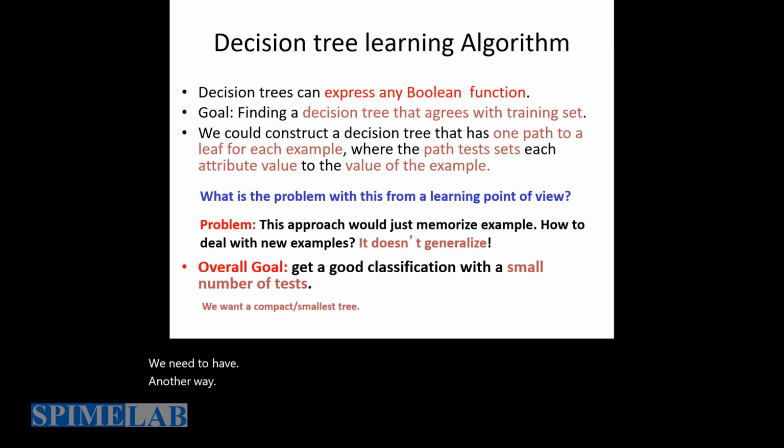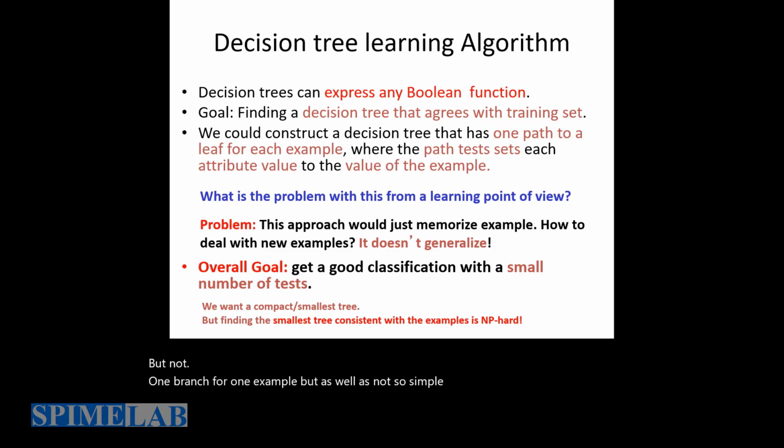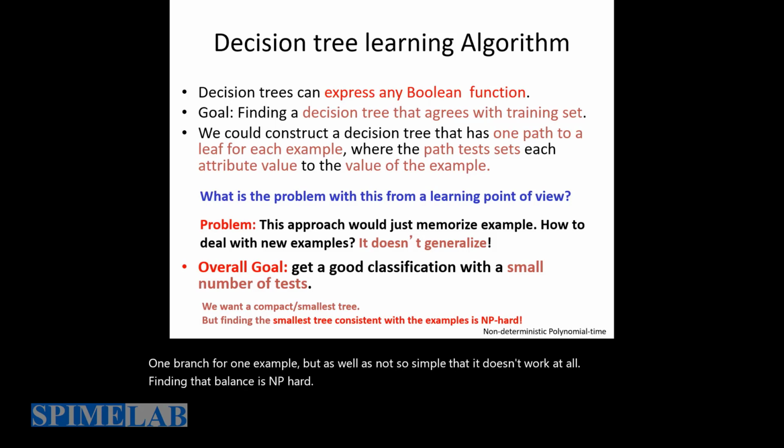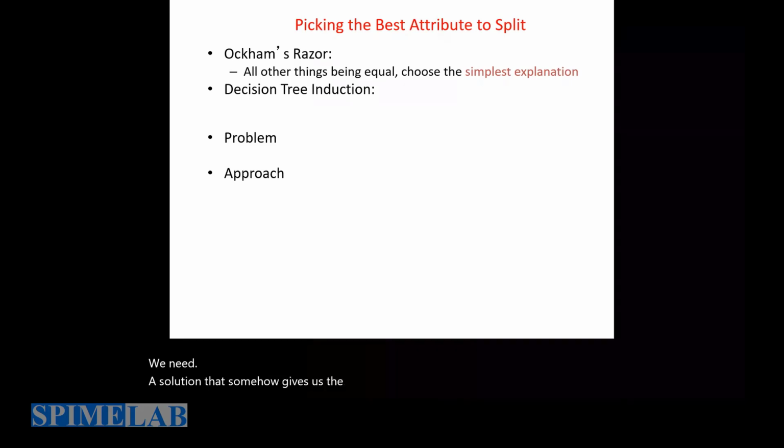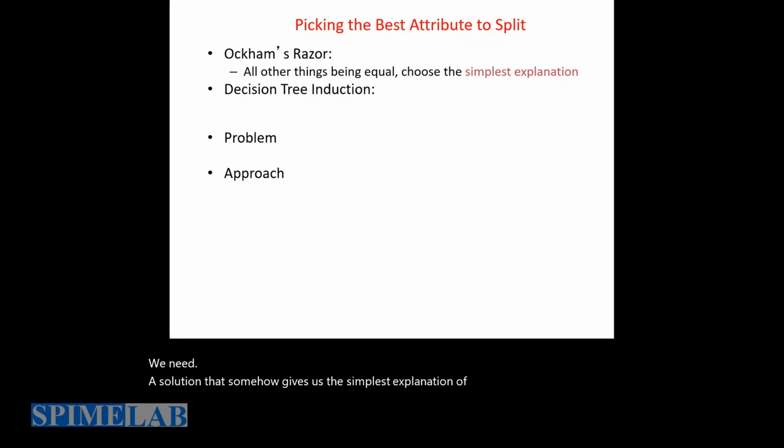We want a compact, concise, representative tree, but not one branch for one example, and also not so simple that it doesn't work at all. Finding that balance is NP hard. We need a solution that somehow gives us the simplest explanation of the problem that we are trying to learn.